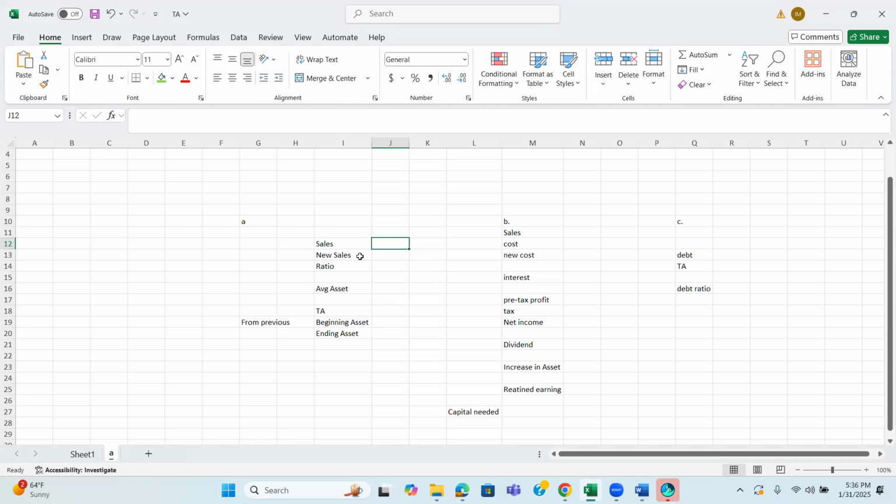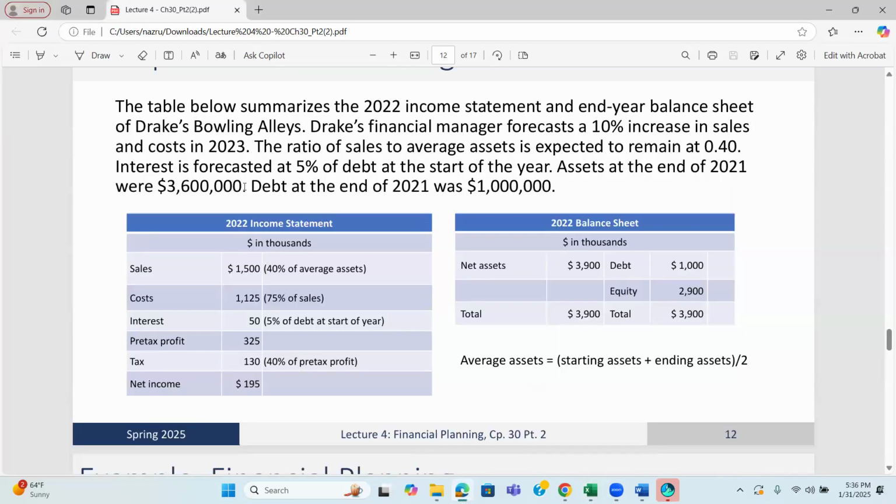Okay. So for calculating ending asset, you have been given some information here, which is related to average assets and sales. So from here, we can easily calculate the average asset value, and then we can go to the total asset, and thus we can get the ending asset value here. Okay, so the sales value is 1500, and in the question, you can see there is a 10% increase in sales.